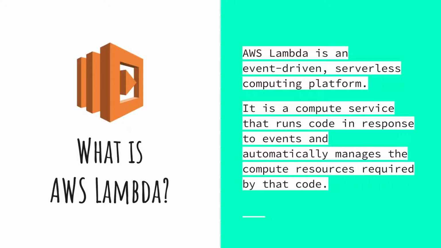So what is AWS Lambda? It's an event-driven serverless computing platform, a compute service that runs code in response to events and automatically manages the compute resources required by that code. What that means is no servers. It's kind of like function as a service, if you want to think of it that way.